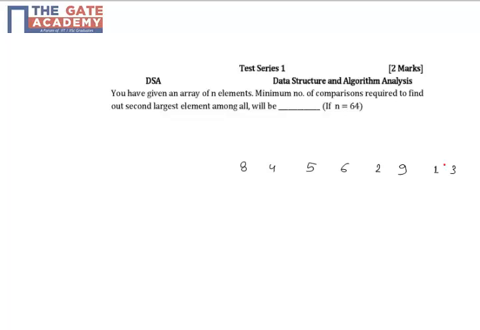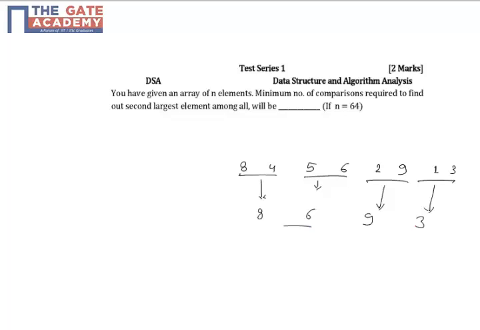Now I will compare two numbers in a pair, and the larger number among those two will go to the next step. It's like a tournament: two players play, and the higher-ranked player goes to the next round. So 8 will go from this pair, 6 from this pair, 9 from this pair, and 3 from this pair.